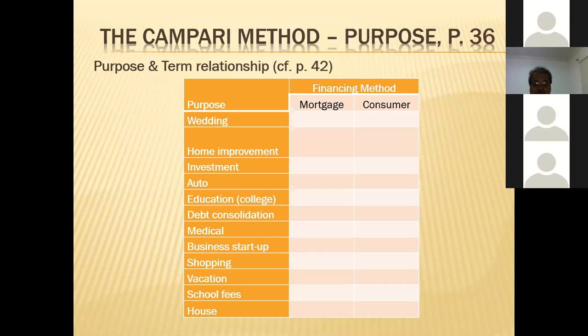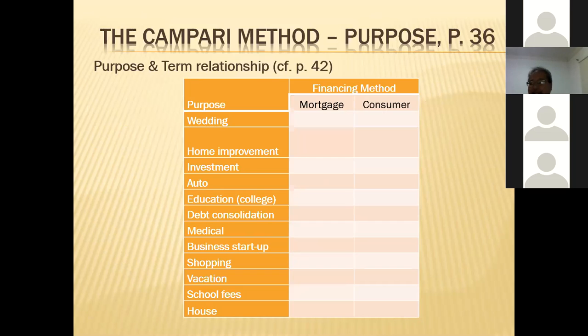This actually is from chapter 8, page 42, but we're going to look at it now because I think it will benefit us now. So in column 1 we have the purpose, and in column 2 we have the financing method. What would be the preferred financing method? Should we finance that purpose via mortgage, or should we finance it via consumer loan or personal loan?